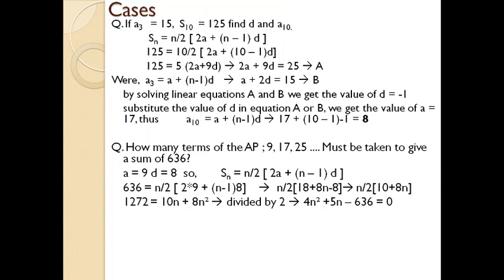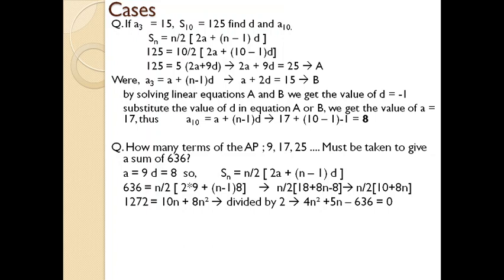So by substituting the values you will get 636 equal to n by 2 into (2 into 9 plus (n minus 1) into d). By dealing with basic mathematical steps, you will arrive at 4n square plus 5n minus 636 equal to 0. You already know what this is.